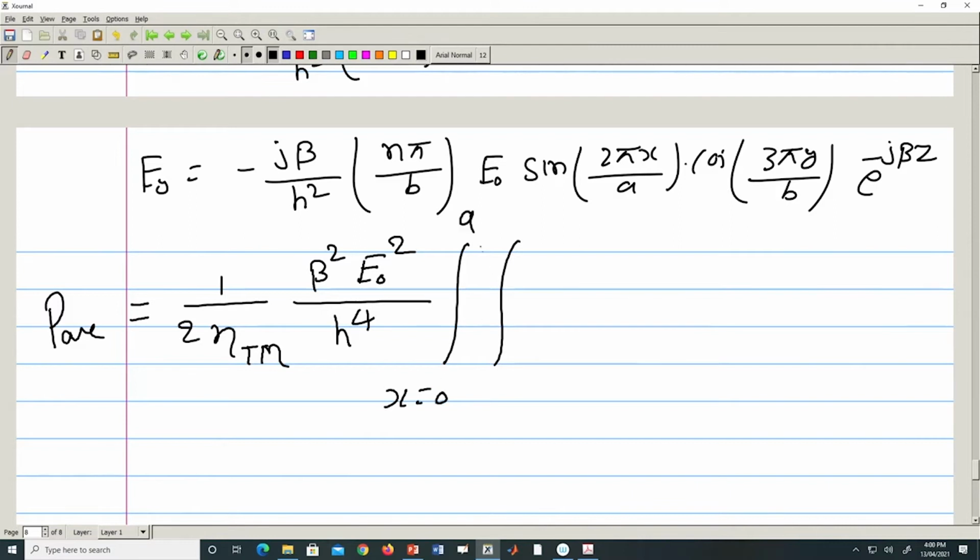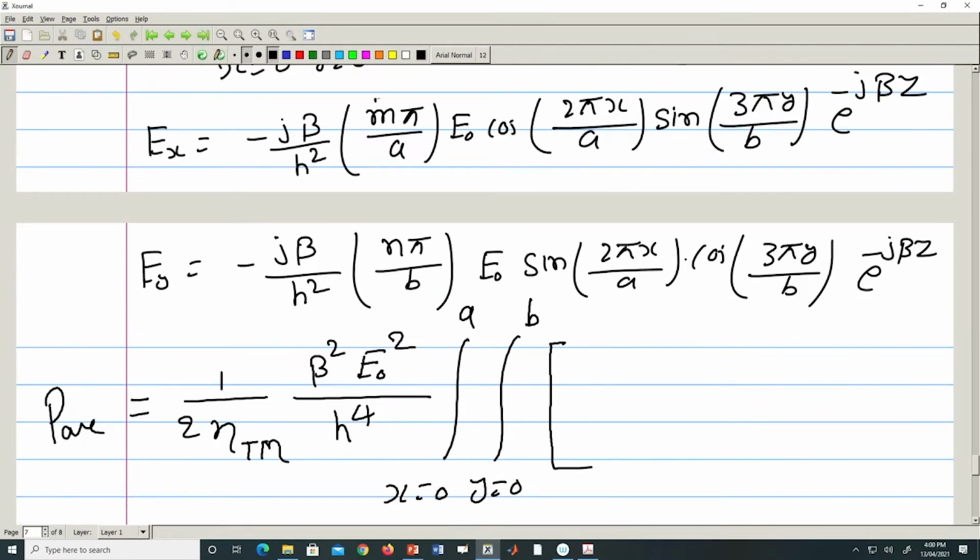Integrating x equal to 0 to a, y equal to 0 to b, inside the integration it will be, since m is 2, 2 pi by a whole square, cos square 2 pi x by a, sin square 3 pi y by b.